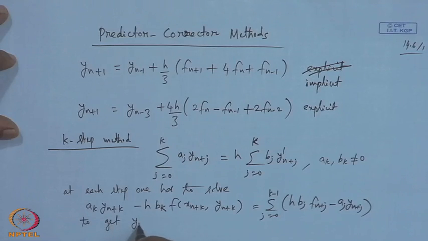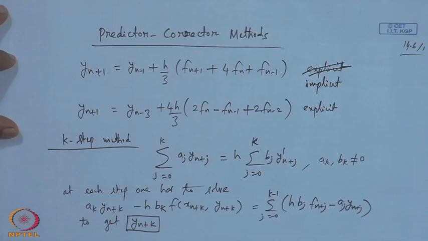To get y n. So, this is a general k step method, and at each grid point, one has to solve. I plugged out the y n plus k coefficient. So, this is obviously an implicit method.